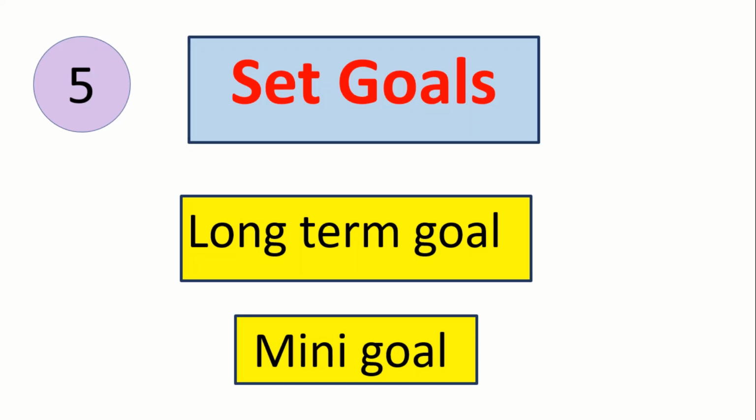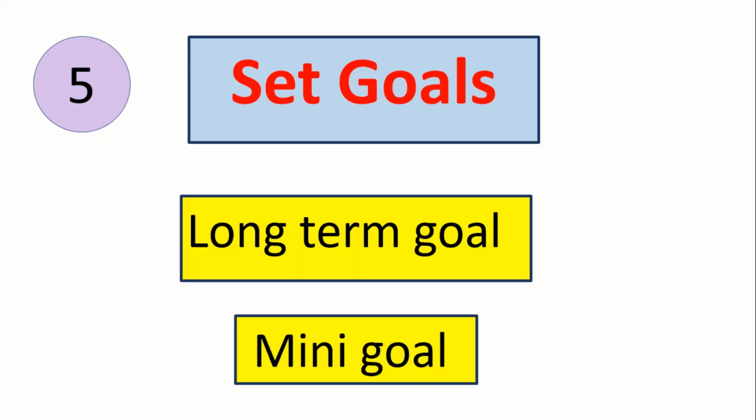For example, you might say, I want to learn how to speak basic Chinese within a year. Then you might want to set yourself how many phrases or words you want to learn within a month. Then it makes it easier and more achievable.